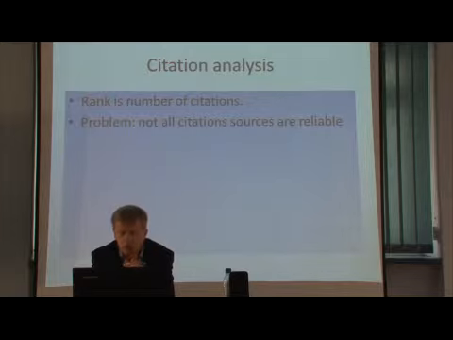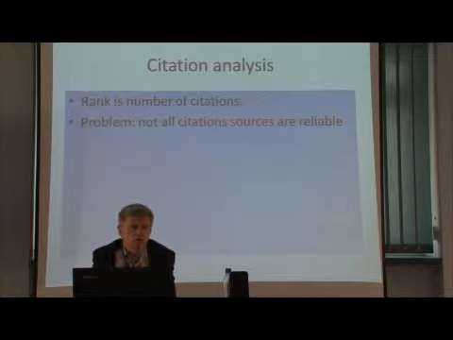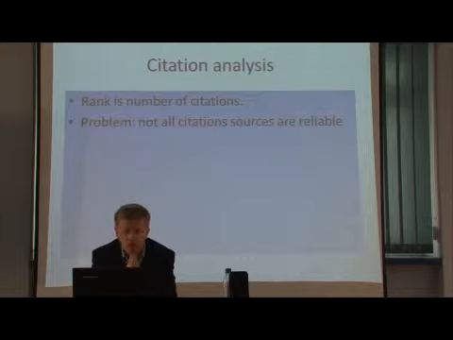The modifications come from the fact that unlike in scientific publishing, not all citation sources are reliable. So for instance, in the patent space, where the citations are often assigned by the patent examiner, we can relatively safely say that the more citations a patent has, the more important the patent is, all right? So the ranking there by citation makes some sense.